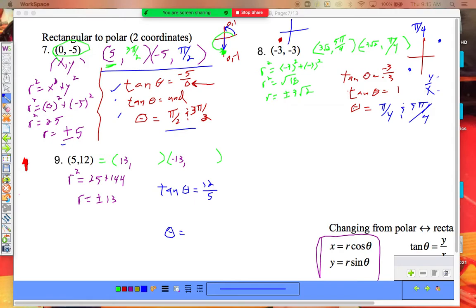And then change both of those to make them radians, not degrees. Radians. Remember, I want radians. Man, someone's on the ball today.